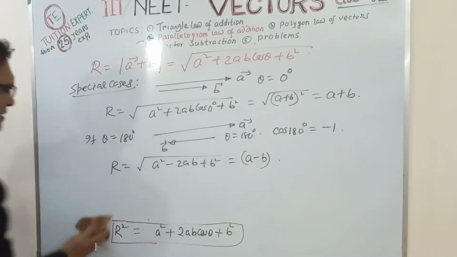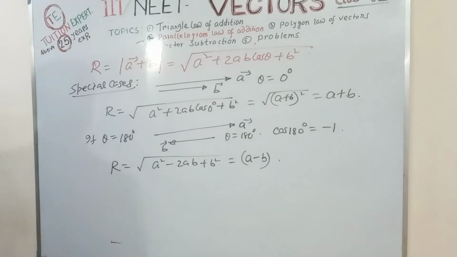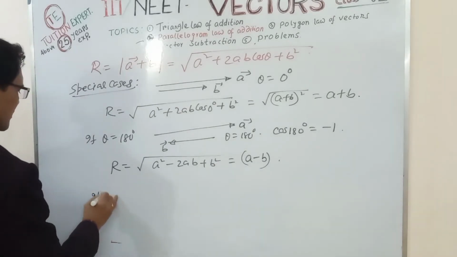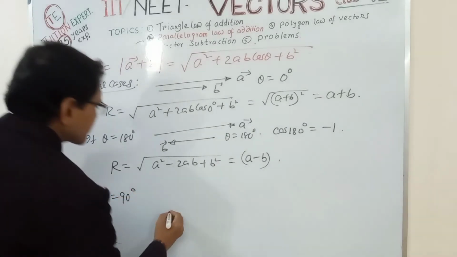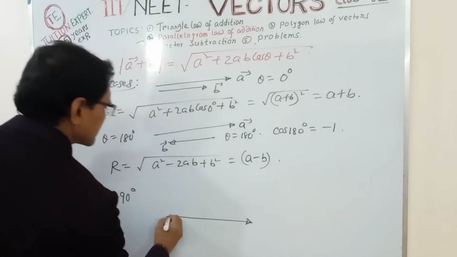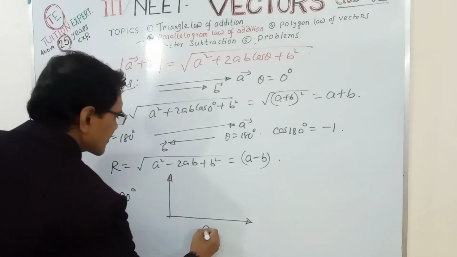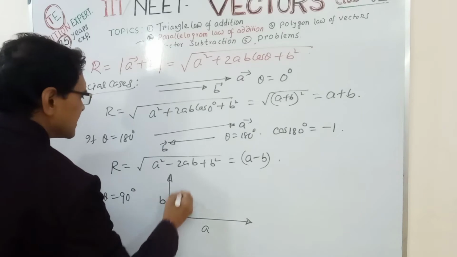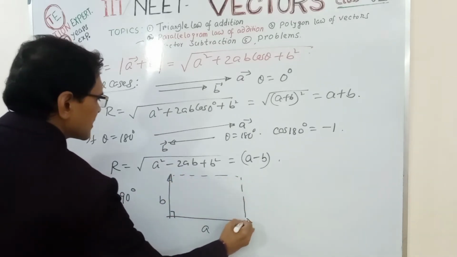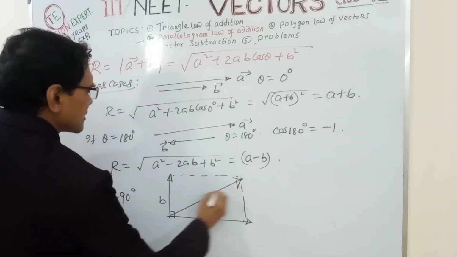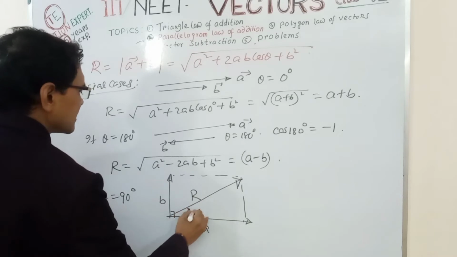Now the third case, theta equal to 90 degrees. This is the resultant, at an angle.